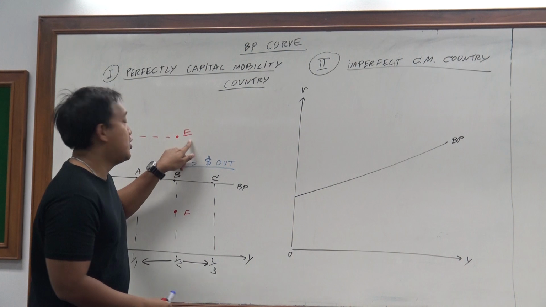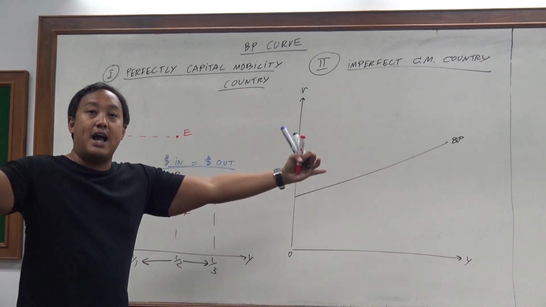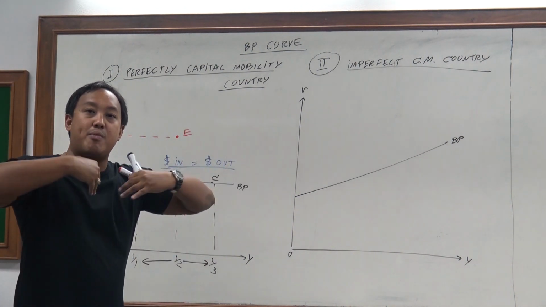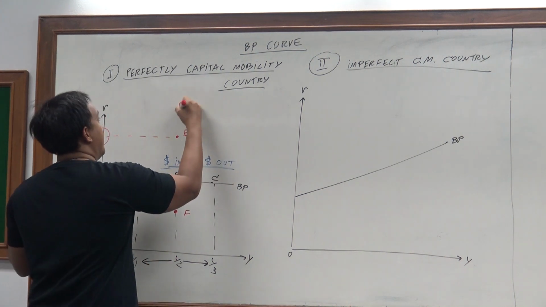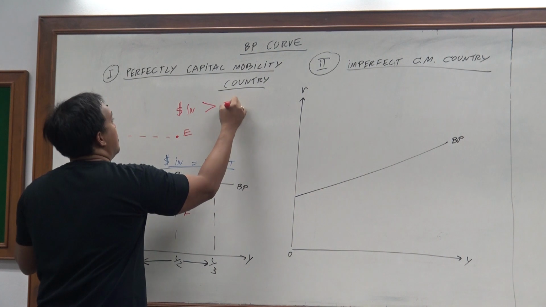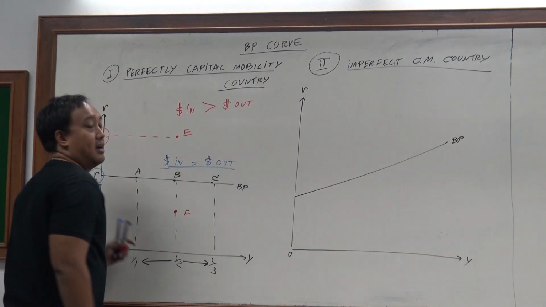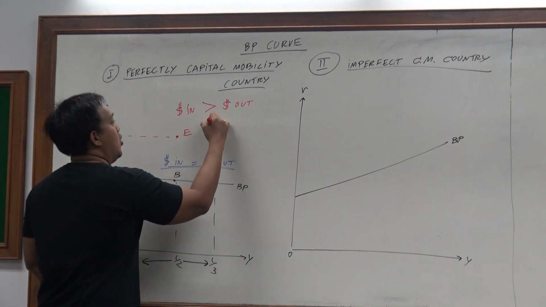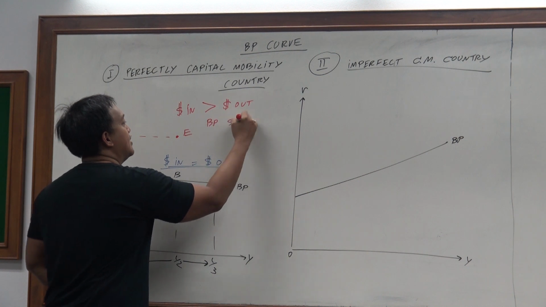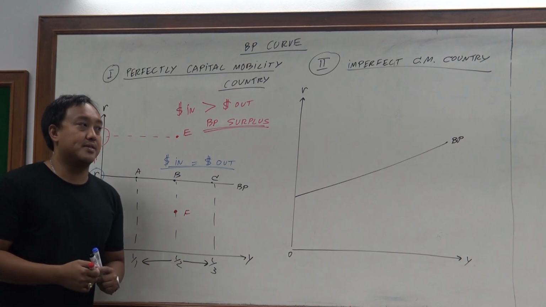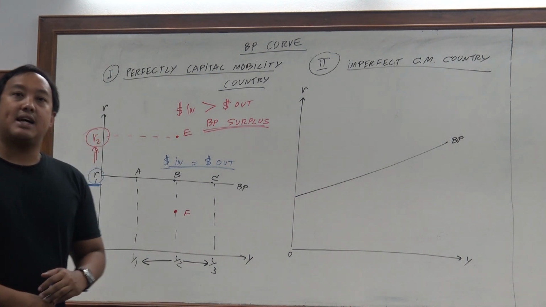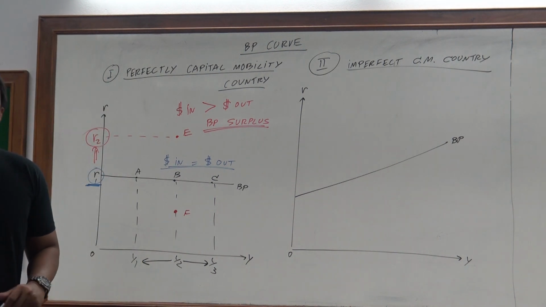So the capital flows into our country more, the money flowing in is more than the money flowing out, and your balance of payment will become surplus.